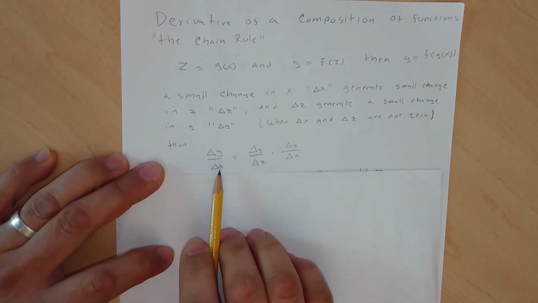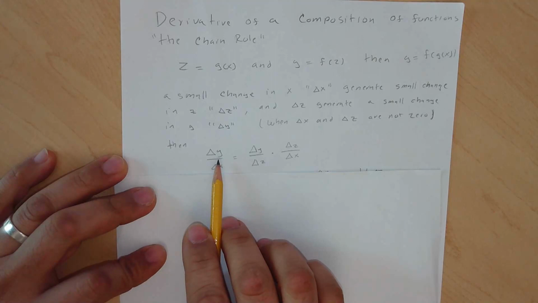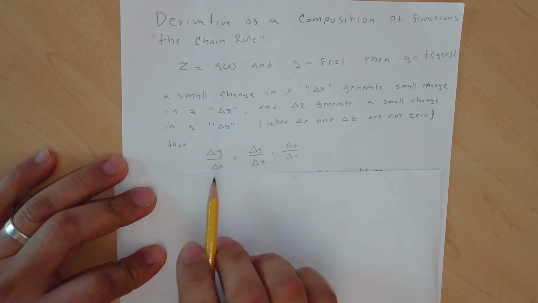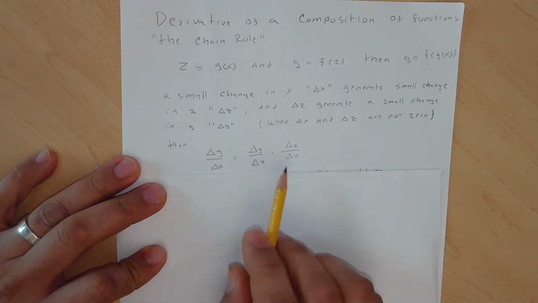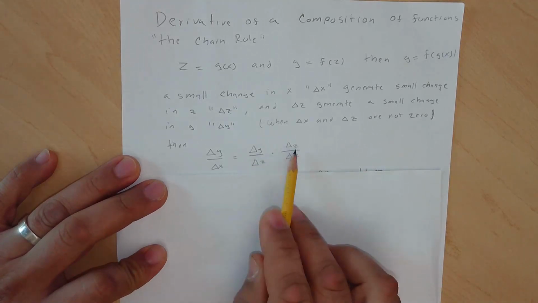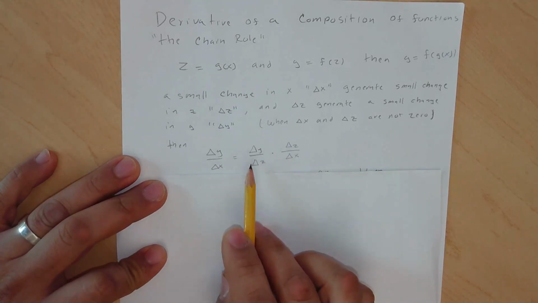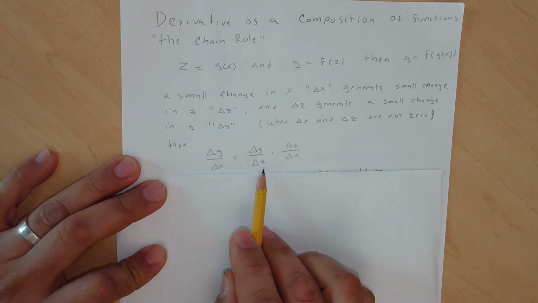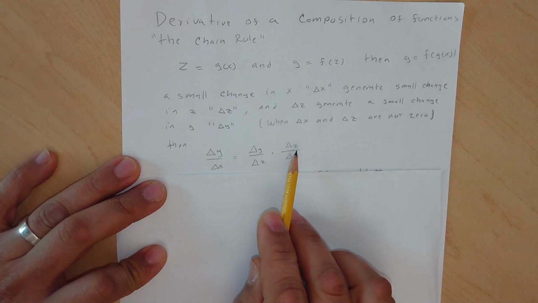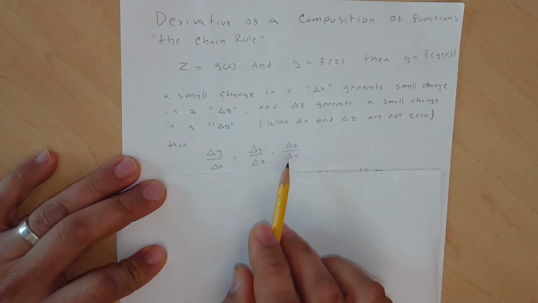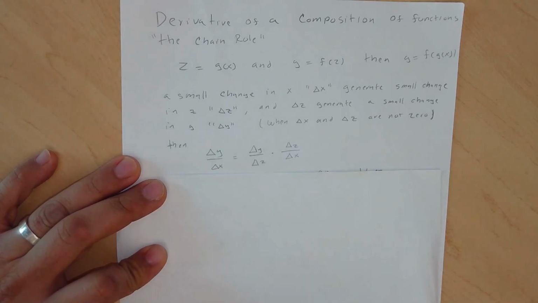The ratio of the small change in y with respect to x will be the same as the ratio of y with respect to c, multiplied by the small change of c with respect to x.